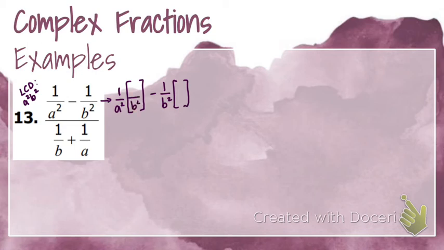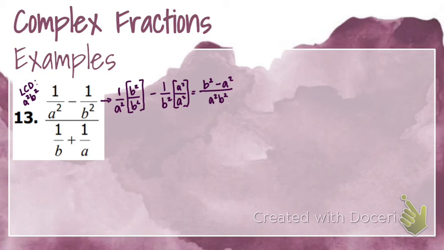We'll have to multiply the first one by b squared and the second one by a squared. So we're going to get b squared minus a squared over a squared b squared for our top fraction.